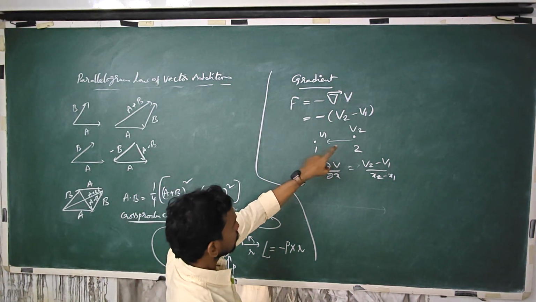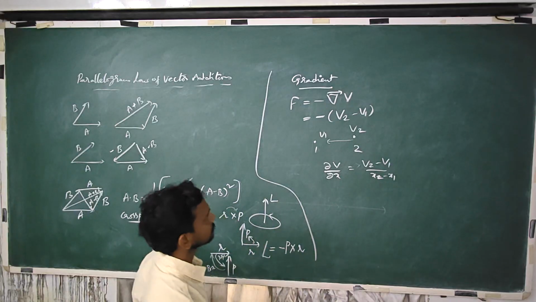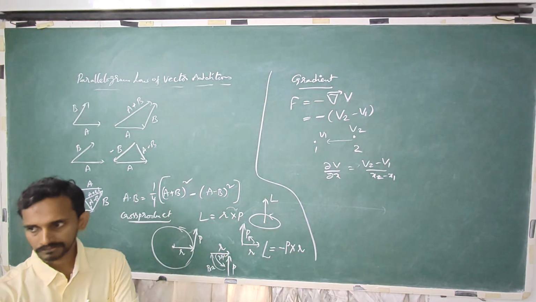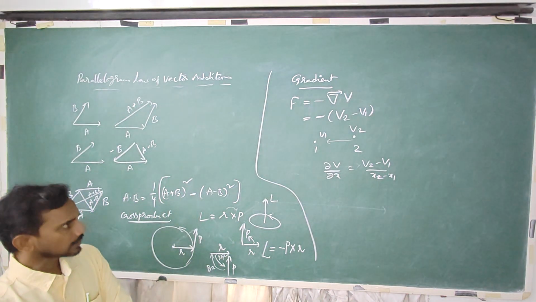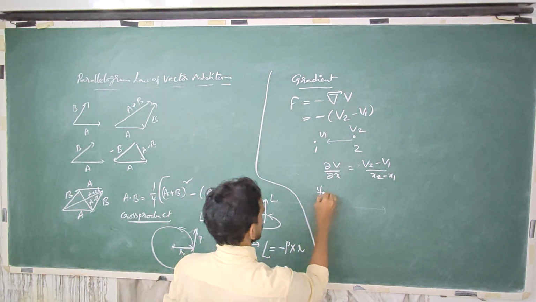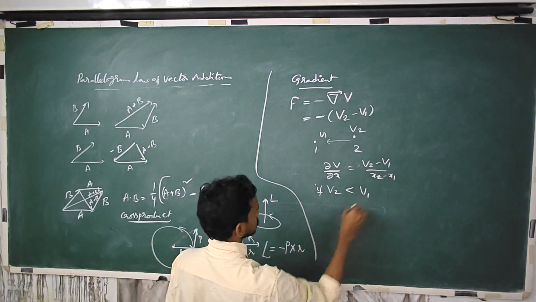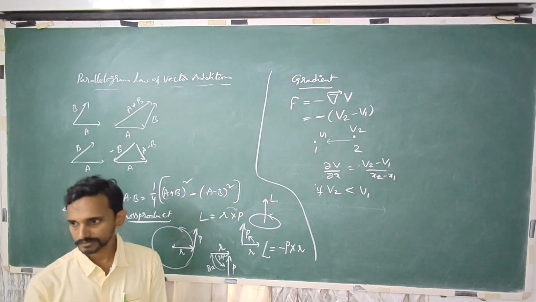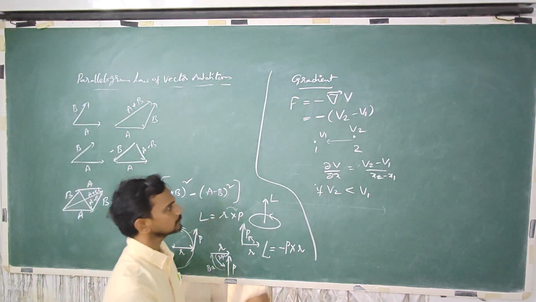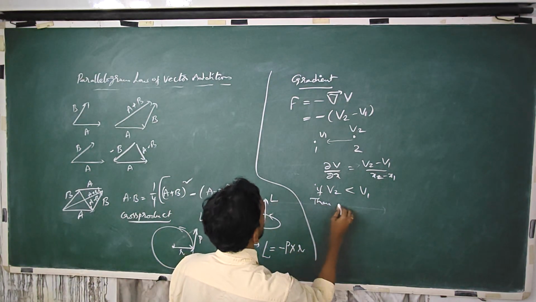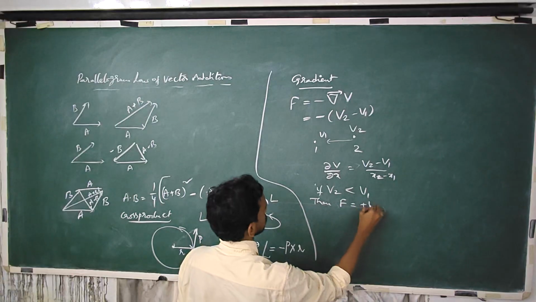So if that number is negative, that means if V2 is less than V1, then F is positive.